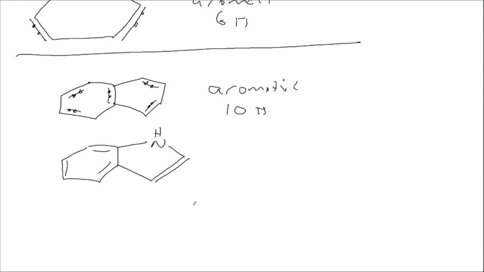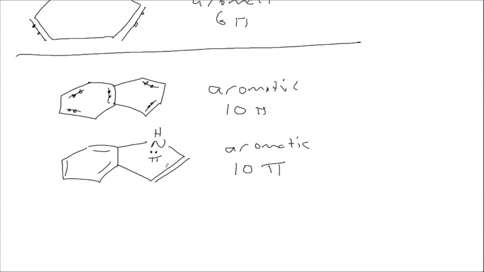Let's try this one. It's aromatic. How many pi electrons? 10. 1, 2, 3, 4, 5, 6, 7, 8, and these do count as pi electrons.